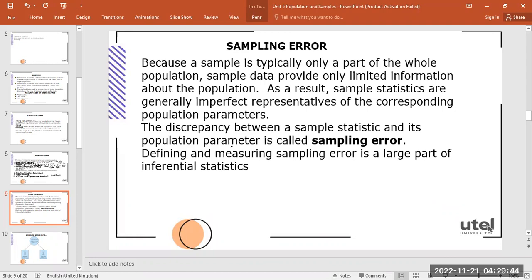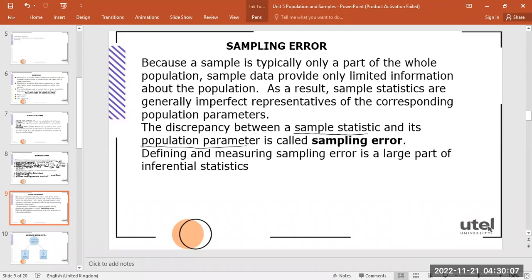The discrepancy, or the difference, between a sample statistic and its population parameter is what is referred to as sampling error. It is the goal of the researcher to minimize this error as much as possible.